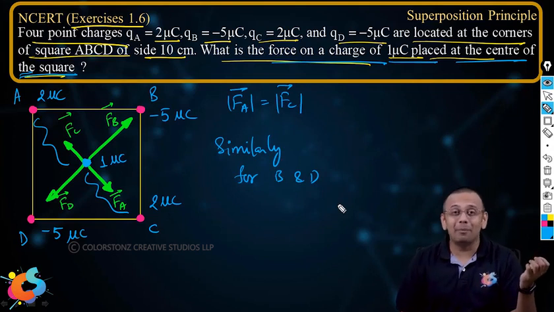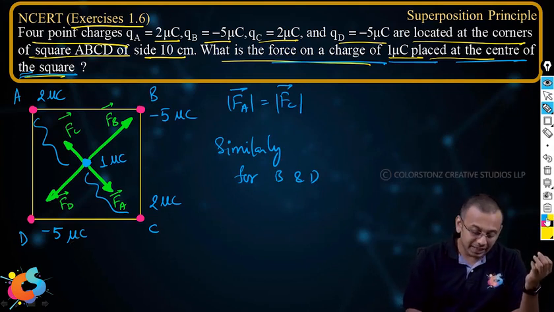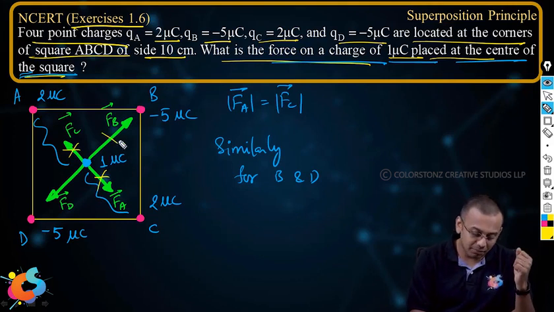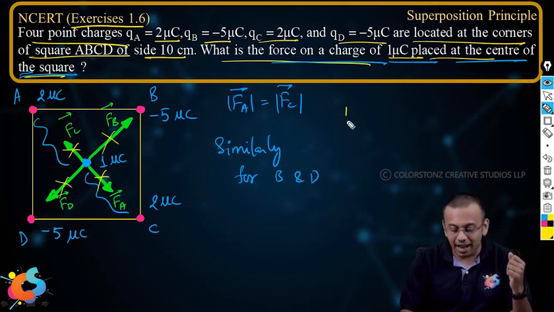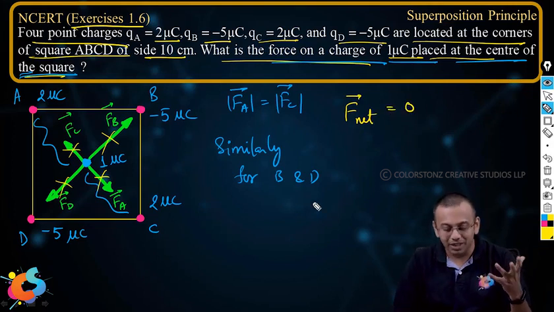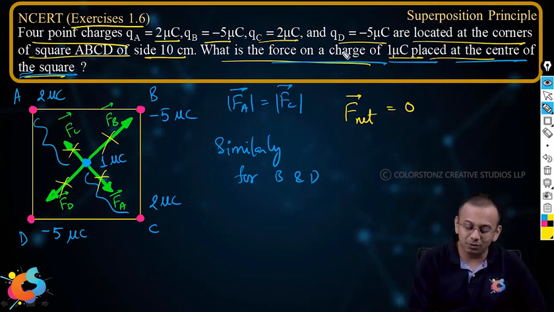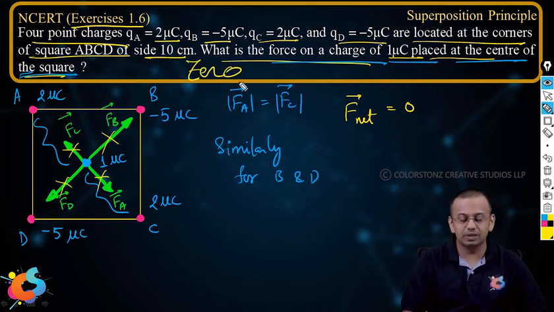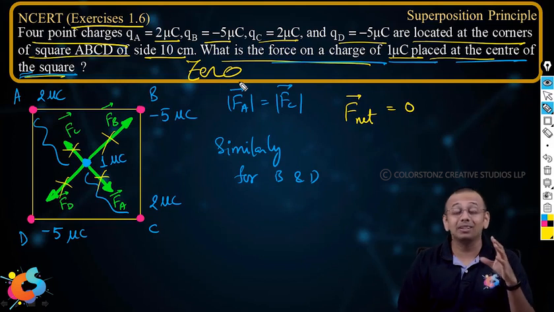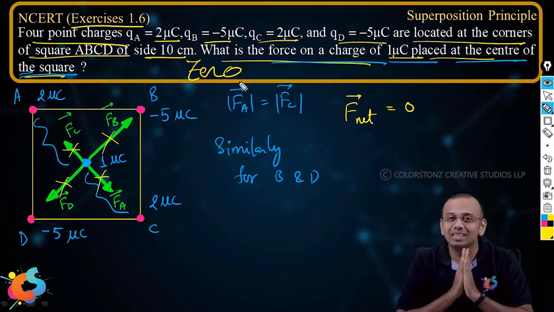So what is going to happen due to this? Because of this, these forces are going to cancel out. A will cancel out with C, B will cancel out with D, and the net force is of course going to be 0. So the answer is simple. What is the net force on this charge? It is 0. There is no net force acting on that particle. Individual forces are there, but net force is 0.